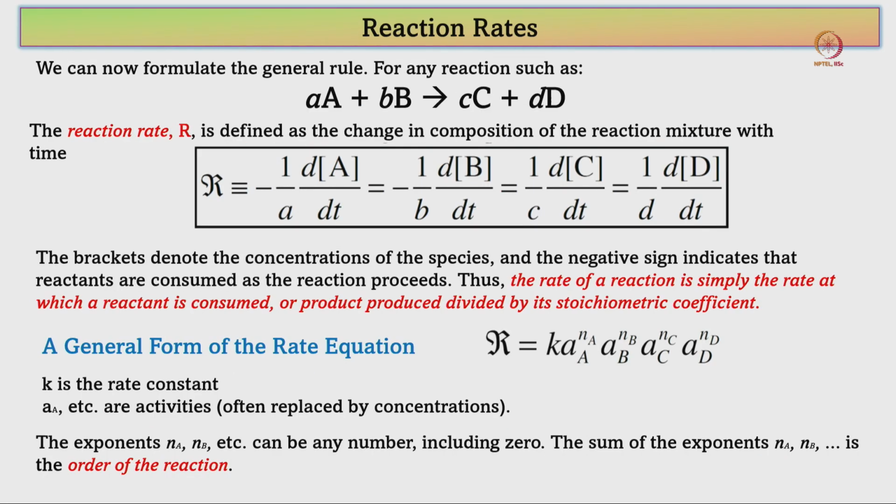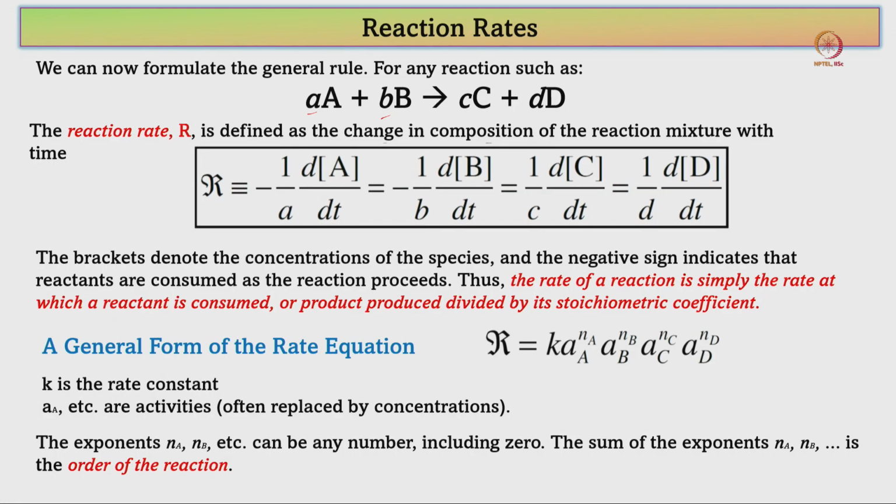So, how do we have the general equation? Let us look into the general equation now. The general rule is, if you have this reaction, say A plus B forming C plus D, and these are the stoichiometric coefficients, then the reaction rate R is defined in these terms.